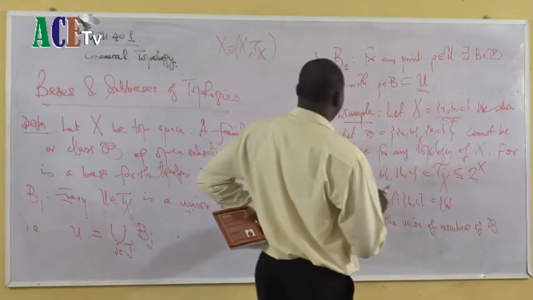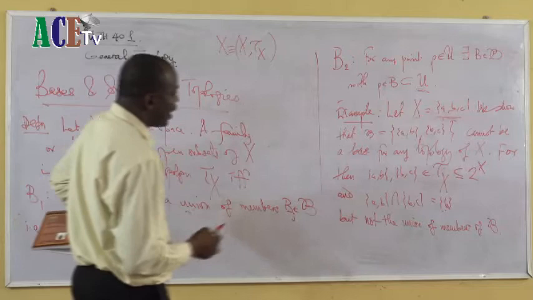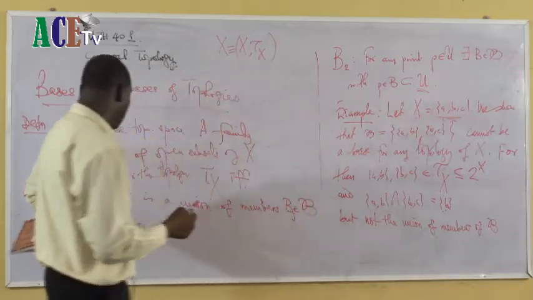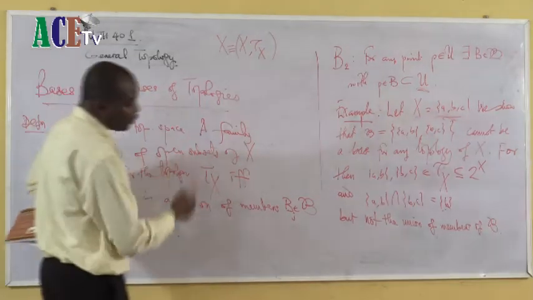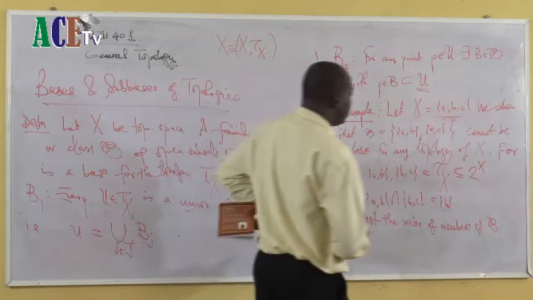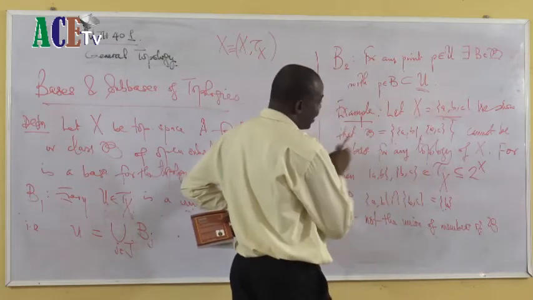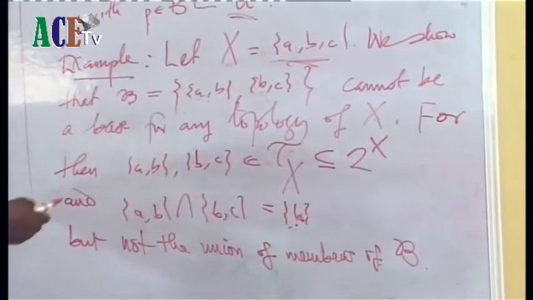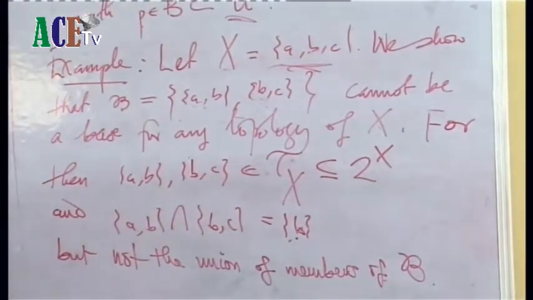But we are not using the limit point in this definition of a base. What we are simply using is these two axioms of definition. So from what we can see here, we can really conclude that this is supposedly a base of any topology of X.